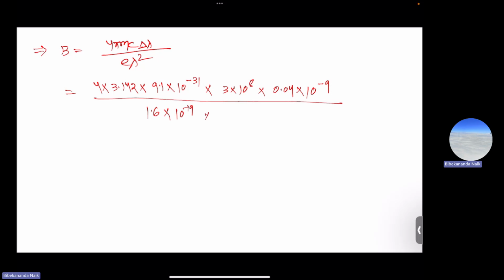Lambda was 600 nanometer, so it will be 600 into 10 to the power minus 9 squared.